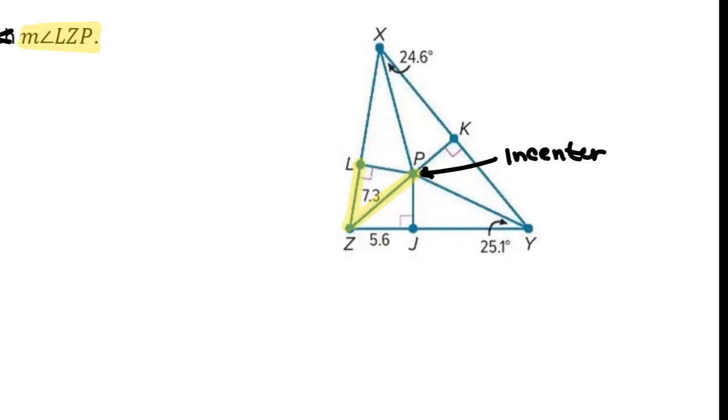I don't have a way to find missing angles on right triangles unless I know two of the angles. Do I know two angles on this little triangle here? Do we know two of the angles of this triangle?